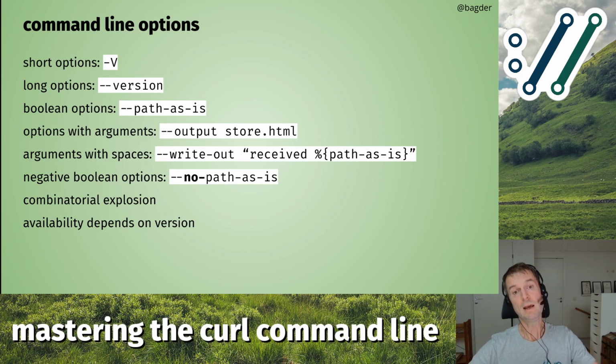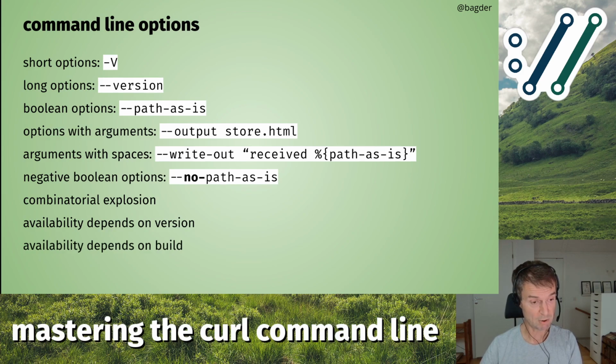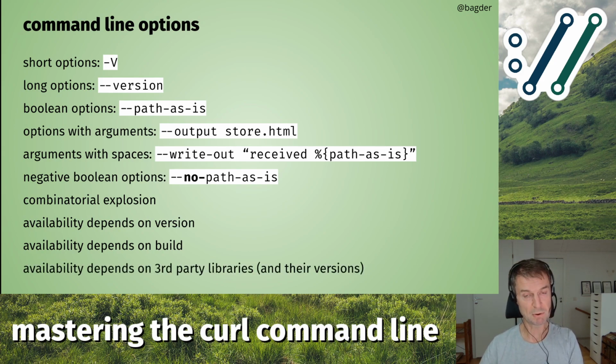Mistakes are fun. Okay, so availability will depend on version, and on the particular build, because you can select different things to enable, and curl runs on different platforms, and also uses different third-party libraries. So if you use curl in different places, it might work slightly differently.